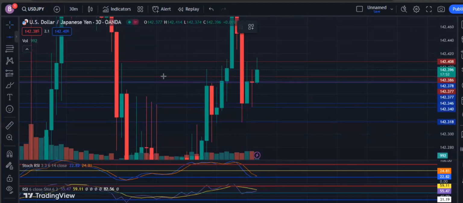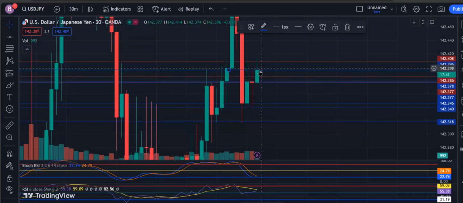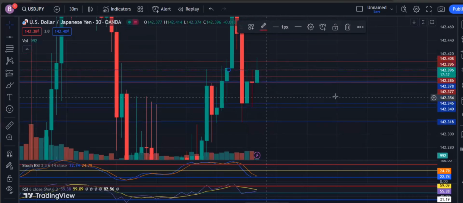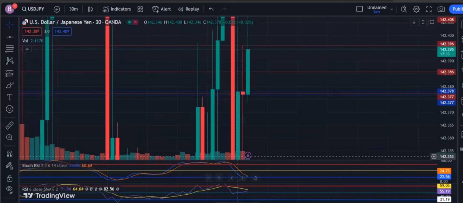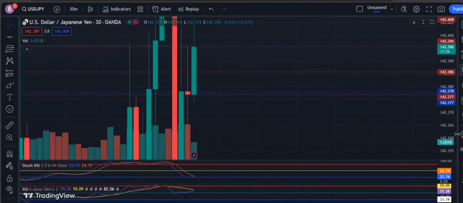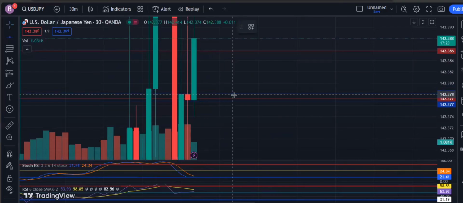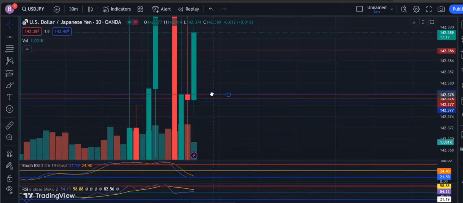Now, we still have to repeat this same action on the roof, right? So the wick above it, we identify it and make it red, right? Similar thing goes for the body. Part of the body is already identified, but then we identify the body, of course, on the previous candle.